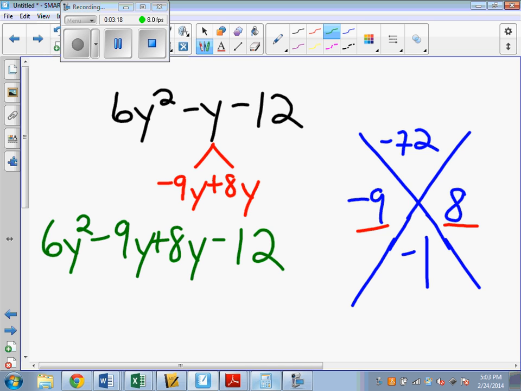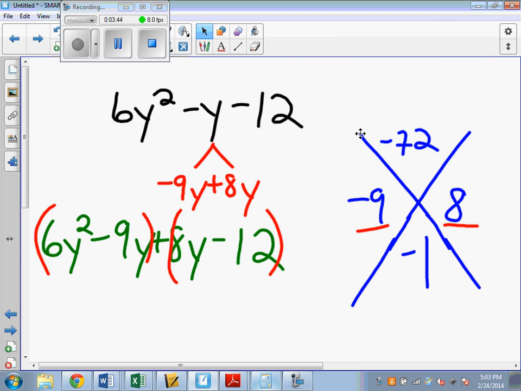So now I'm getting an expression with 4 separate terms. The reason I want 4 is that we know how to factor by grouping when we have 4 terms. So I'm going to group my first two, 6y squared minus 9y, and then group my 8y minus 12.